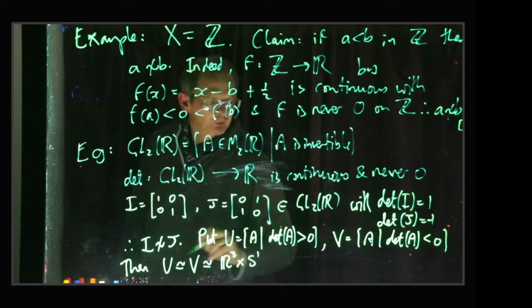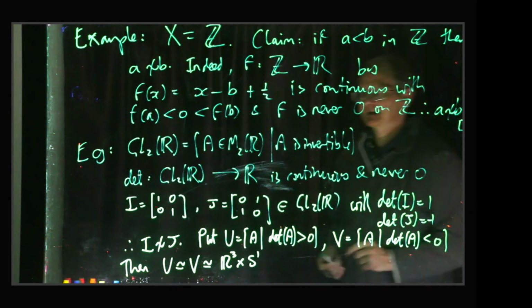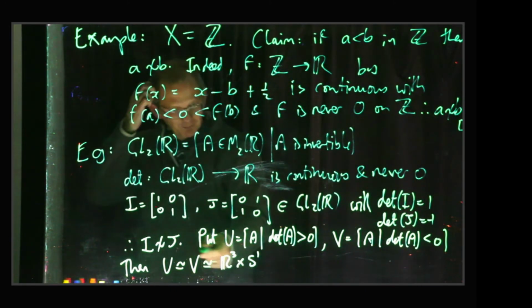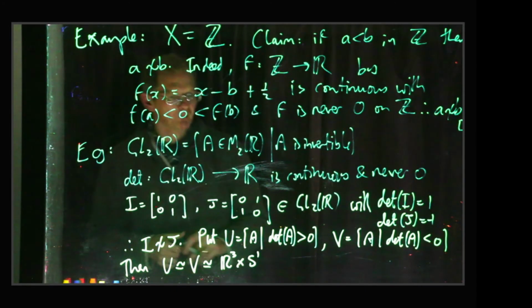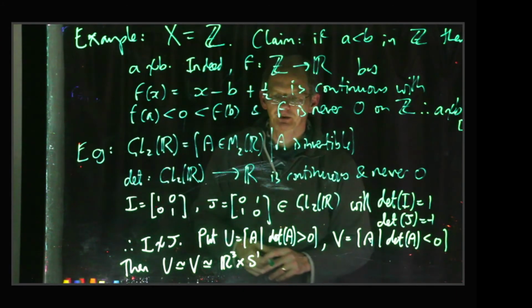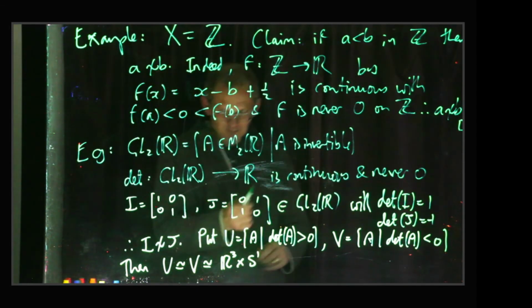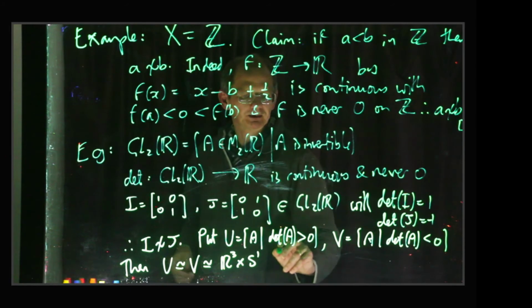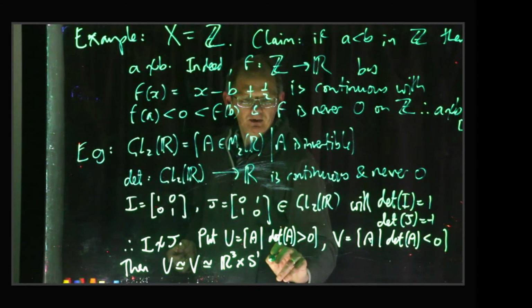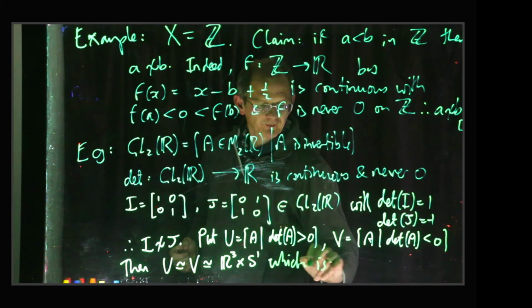So I won't really recall the proof here, but we studied this space in a different example. You could actually come up with a specific homeomorphism of the whole of GL2R with R3 cross S1 cross S0. And so individually, the positive and negative parts are both homeomorphic to R3 cross S1, and that's path connected.